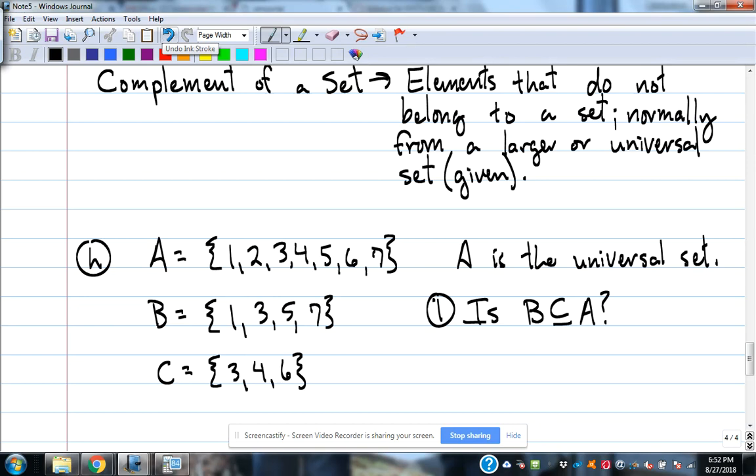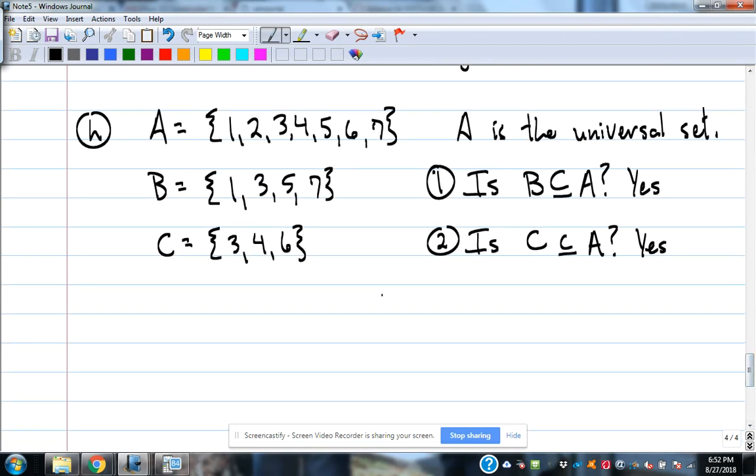Is everything that's in B in A? Yes. So it has to be a subset. Question number 2: is C a subset of A? Yeah, it is too.